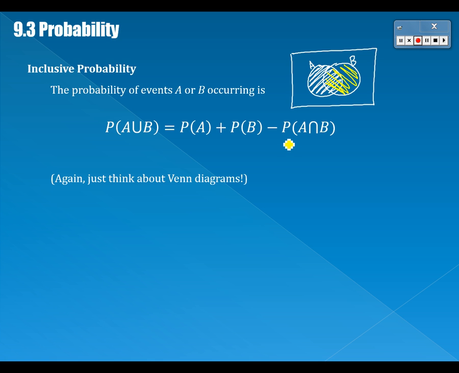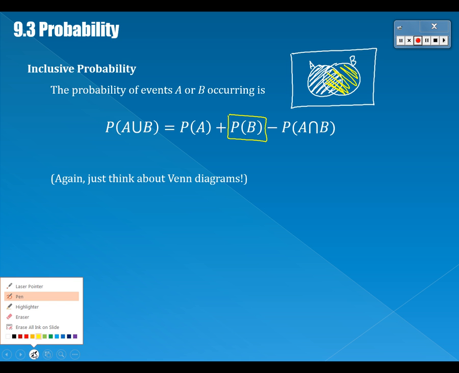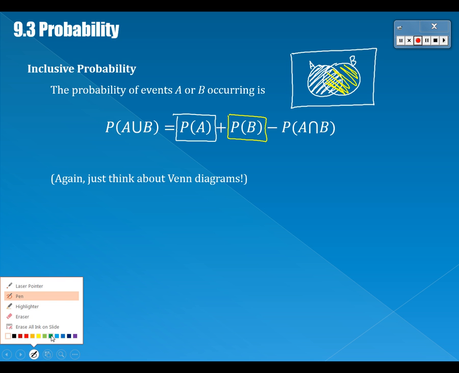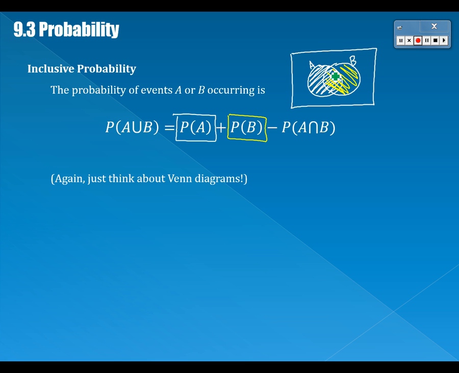And so to account for that double counting, we need to subtract one copy of that middle football area.